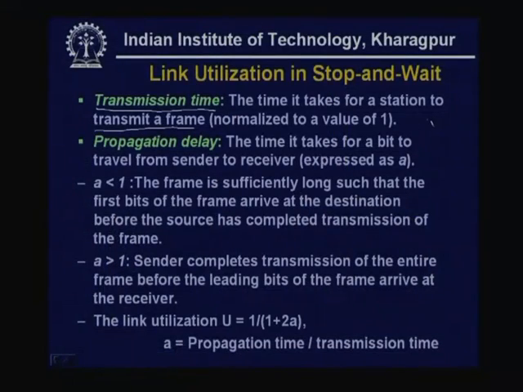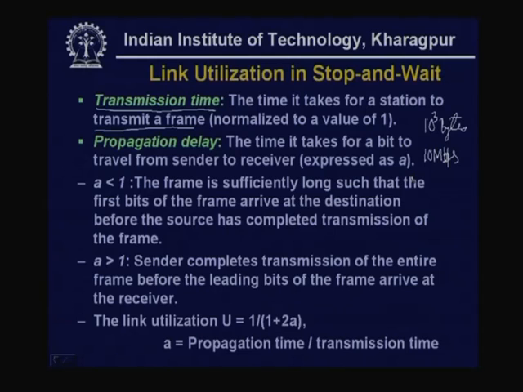Let us assume the size of the frame is 10^3 bytes, that means 1 kilobyte, and the rate at which it is being sent is say 10 megabits per second. So, when it is sent at this rate, obviously the transmission time will be 10^3 by 10^6, that means 1 millisecond.